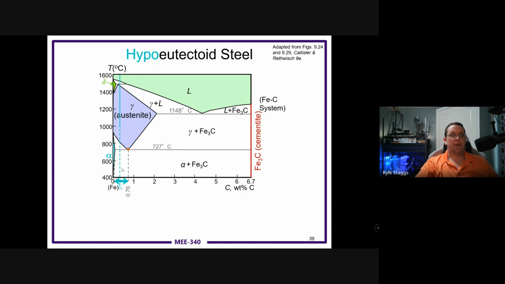It's also a little bit above the pure alpha composition here, so it's not actually all the way to zero. It's something like 0.1%, or something like that. So above that range where you have these two phases, it's still steel. Because if it has 0% carbon, it's just iron, right? And you're just going to have ferrite. You're not going to have anything else. So it has to be above the zero concentration.